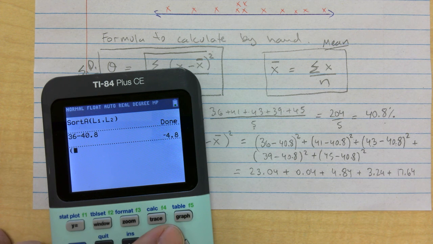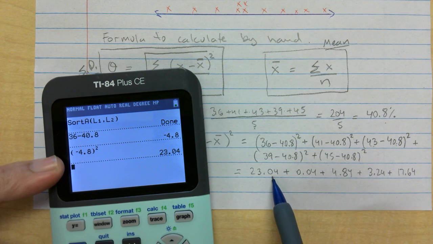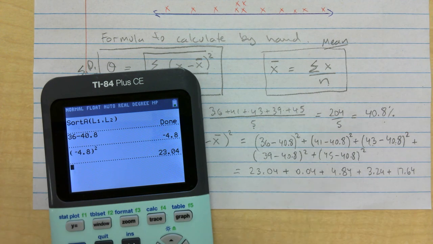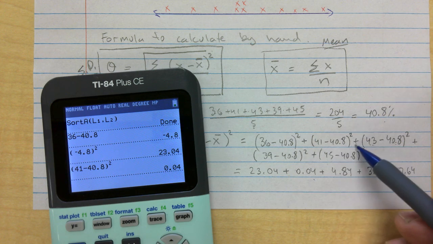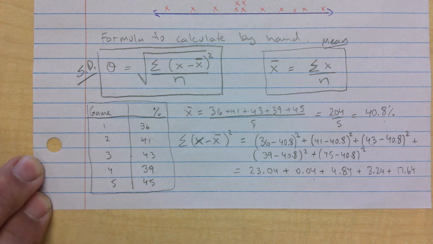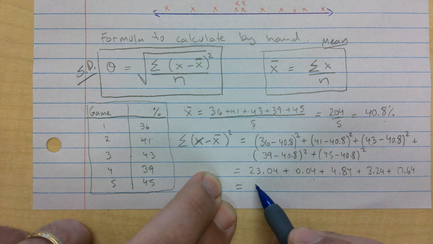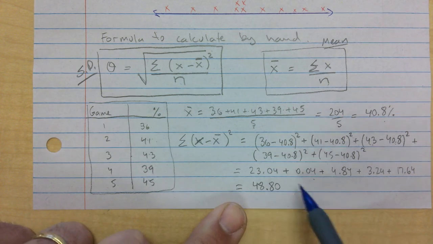You got to go bracket, take that answer, bring it down, close it, and square it. That's where I got the 23.04 from. And then I did that with all the other ones. So basically, if you want to do it quicker, you do bracket 41 minus 40.8 and just put a square on top. And then you get the second value. So I'm actually entering it exactly the way I see it into my calculator to give me those values. When I add all of this up, I get 48.8.